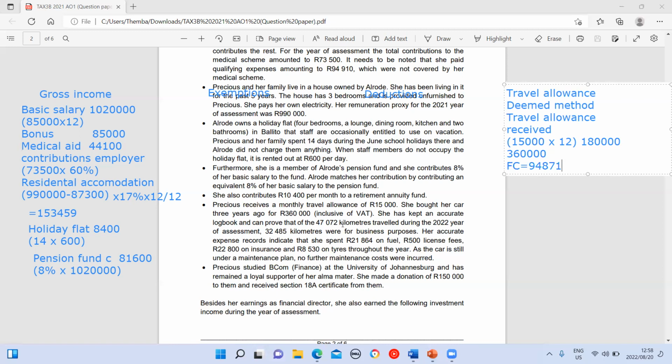So 94,871 divided by 47,072 will give us an amount of 2.015. Now, this fixed cost element is in rands on the table, but what?